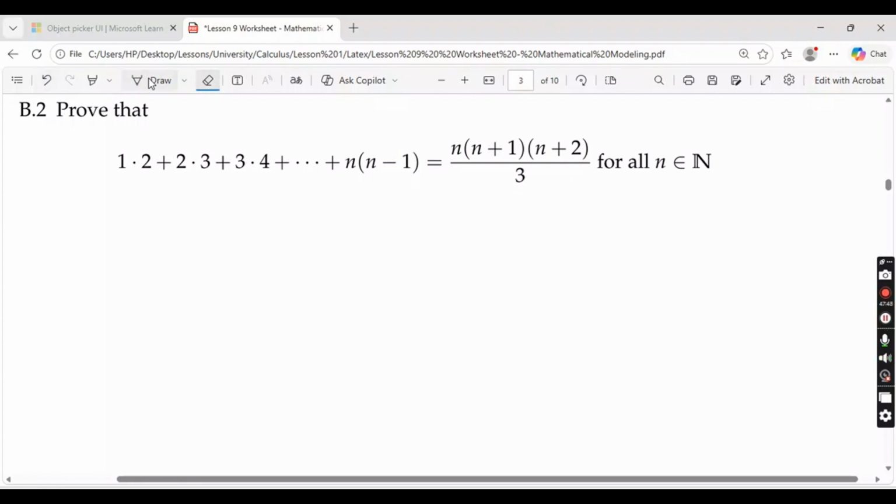I made a typo here, so it's n and then times n plus 1.